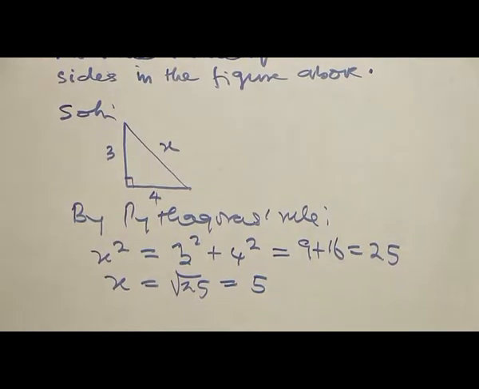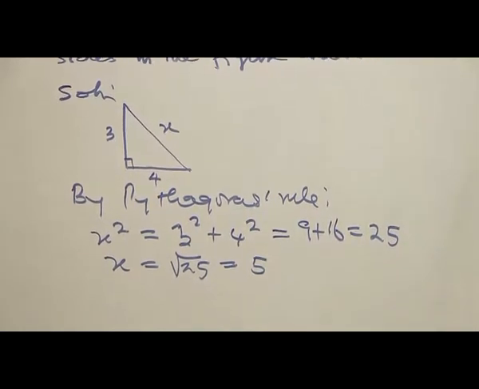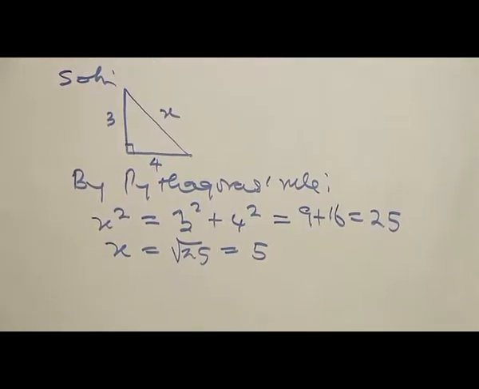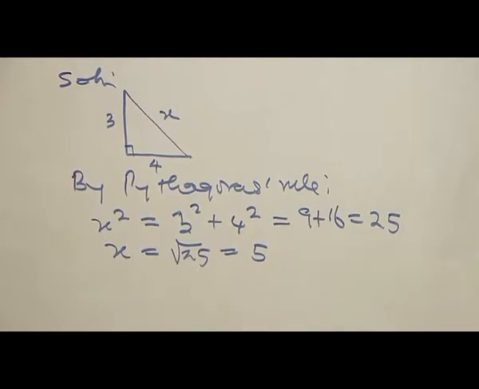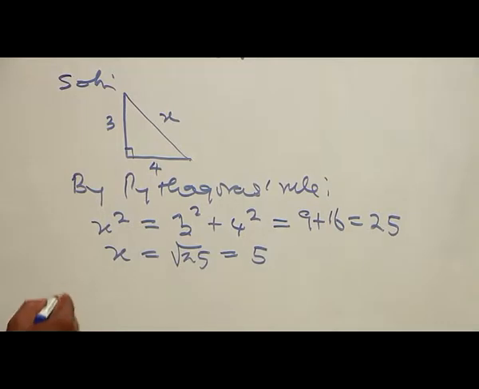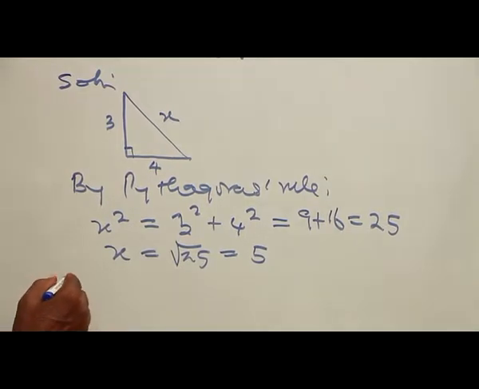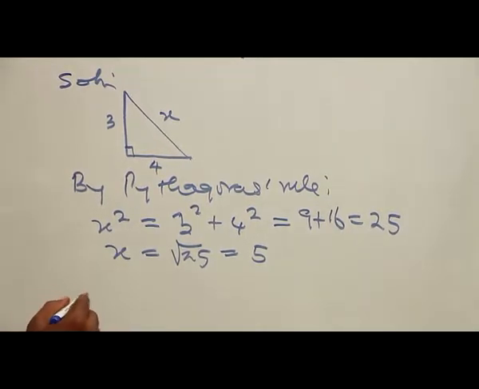Now that you have known that, the next is for us to find the value of Y and the value of Z. So we can still look at it from the triangle.